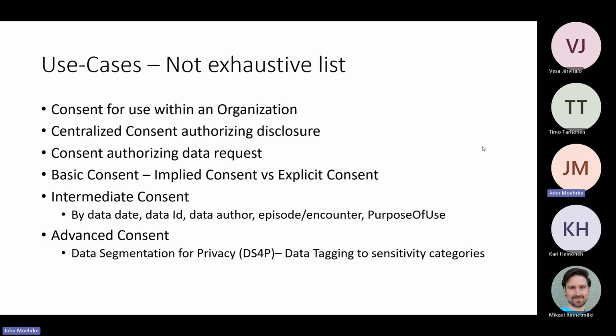So here's not an exhaustive list, but a set of relatively useful use cases. A basic consent that says, yep, within this organization, I agree to that organization's privacy policy. Or where you have a centralized consent repository within some kind of a health information exchange that's authorizing the flow of data within that health information exchange. Consents authorizing a very specific data request.